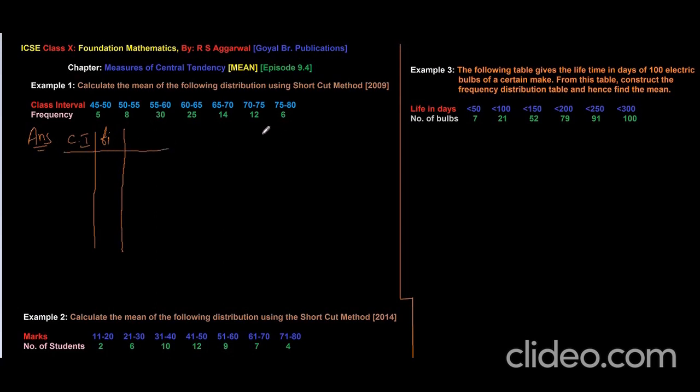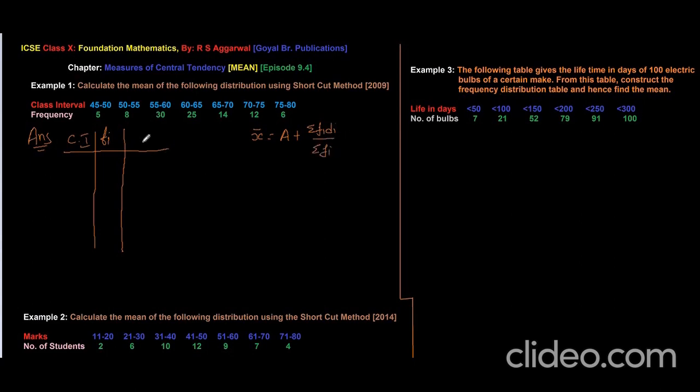Now as I told you in the previous episode, you require to mention the formula on your right hand side somewhere, so that it becomes easy to know what columns you require. So x bar is equal to, you require an assumed mean, so it is a shortcut method, an assumed mean method, plus sigma fi di upon sigma fi.